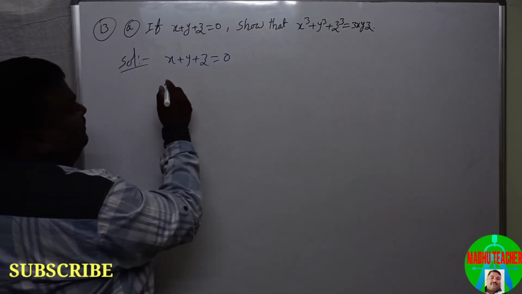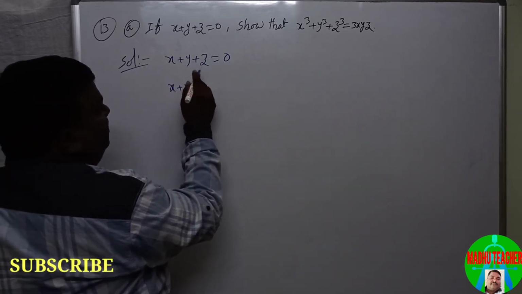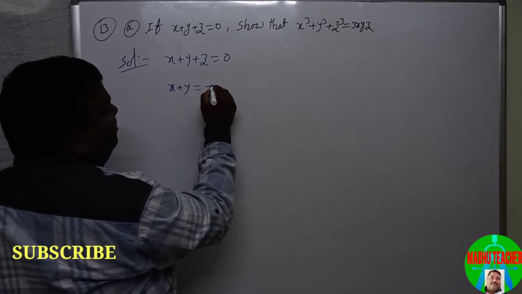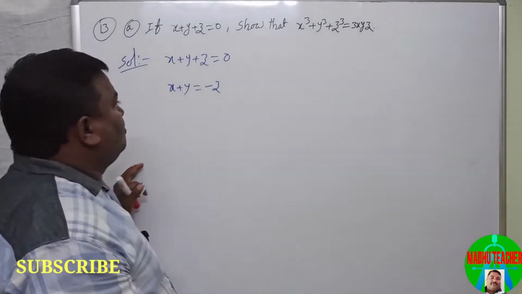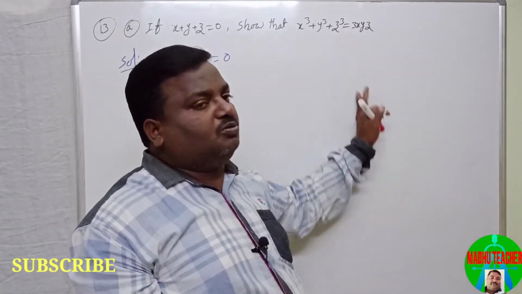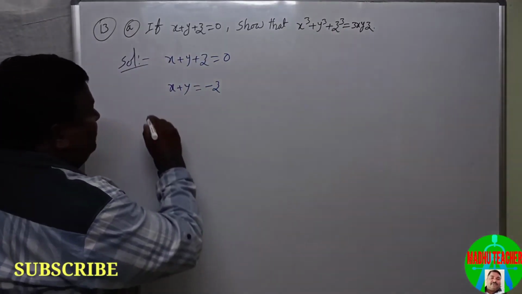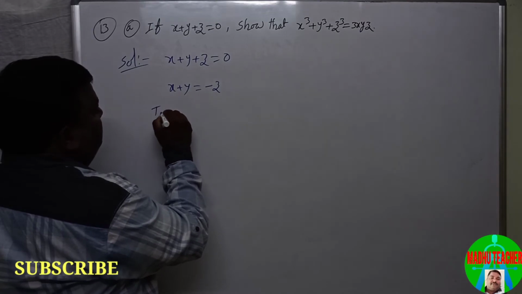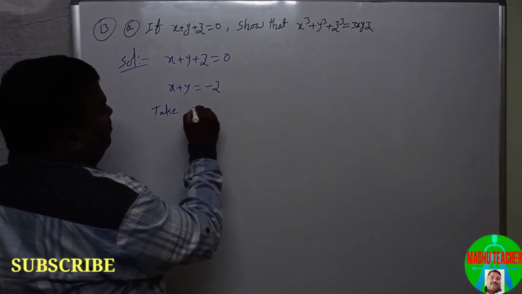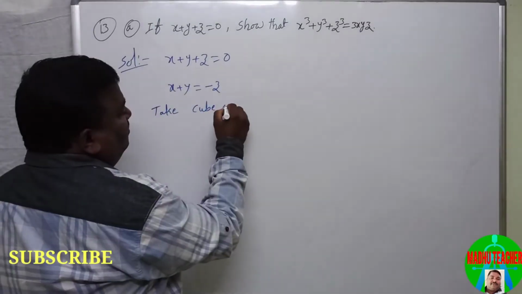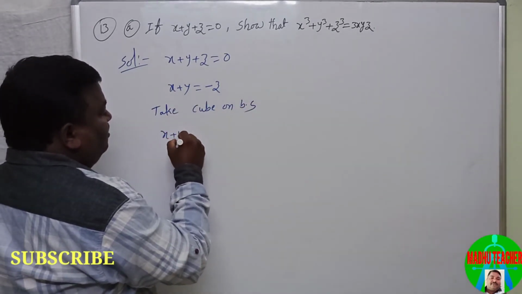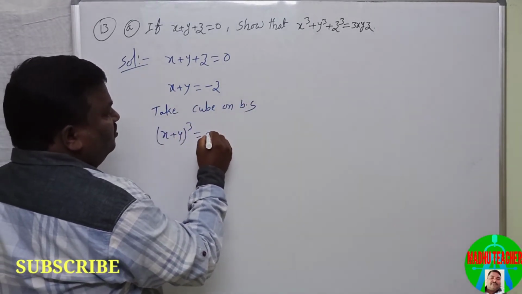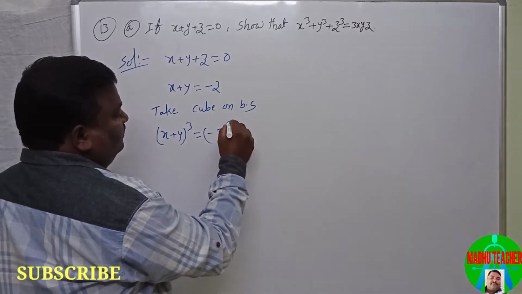So first of all, x plus y, taking z to the right side, it will become minus z. In our question we have cubes, so that's why I take cube on both sides, that is x plus y whole cube equal to minus z whole cube.